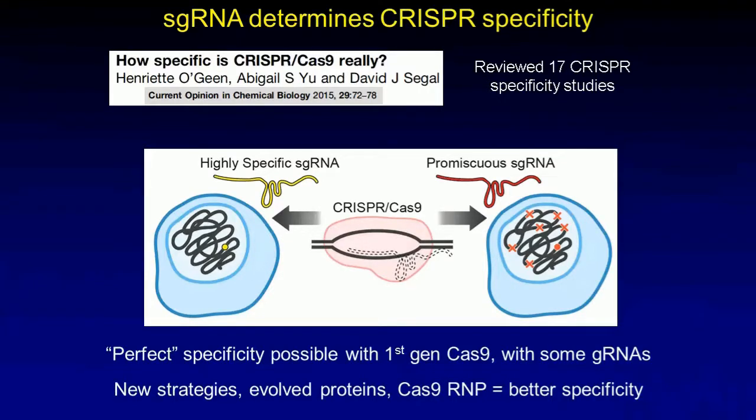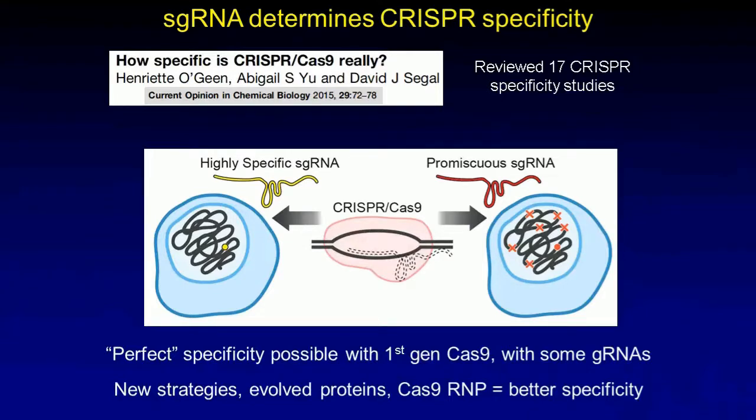I'm not going to review those different methods, but I would point you to this recent review that we authored where we looked at 17 different CRISPR specificity studies. From a review of the literature, one of the surprising findings to us was that although many studies identified CRISPR-Cas nucleases that seem to be very promiscuous and cut at many places, essentially every study also identified a CRISPR-Cas nuclease that had nearly perfect specificity.